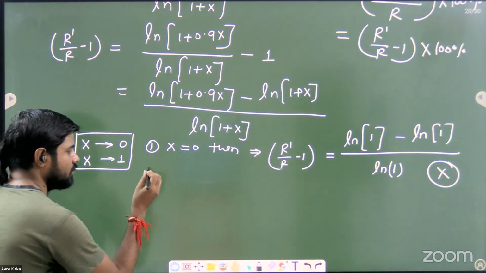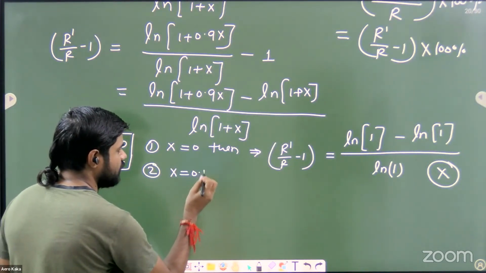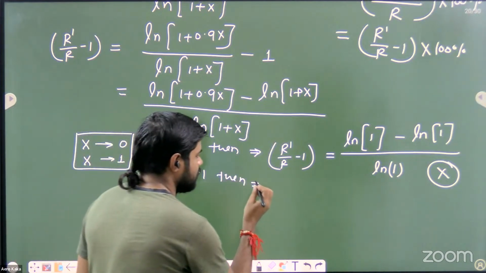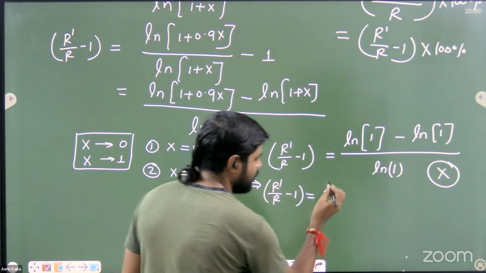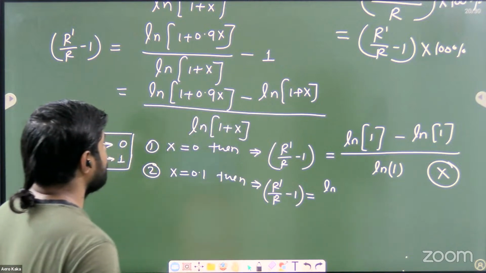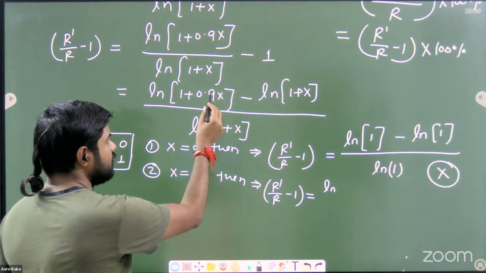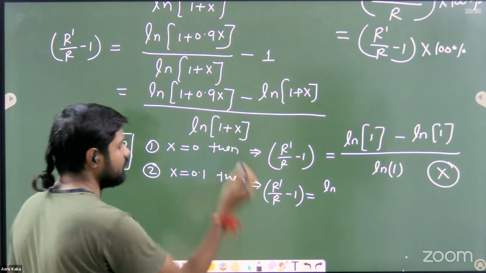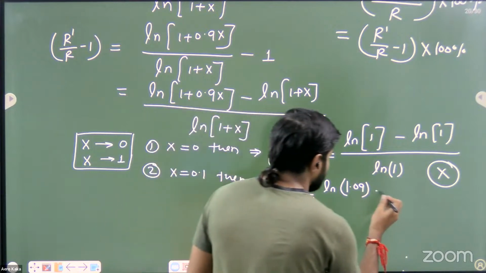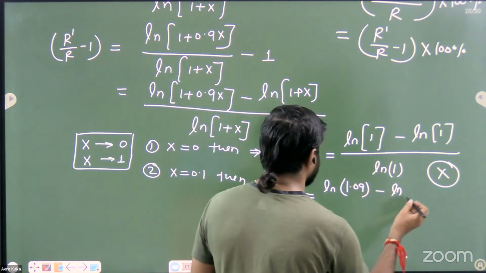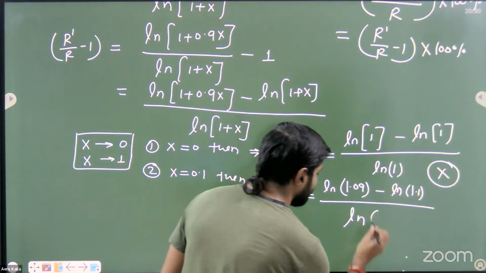Now consider x is equal to 0.1. Then R prime upon R minus 1 is equal to ln of 1 minus 0.1 into 0.9, which is 0.09. Check please. Agree? Minus ln of 1.1, divided by ln of 1.1.